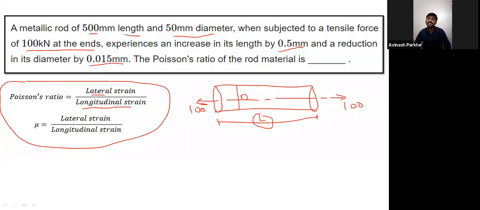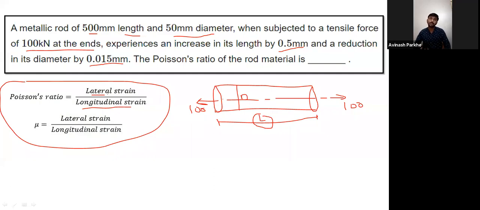Diameter will be considered in the y direction and length in the x direction. Therefore, linear strain will be developed in the direction of length, and lateral strain will be developed in the direction of y, or the direction of diameter.